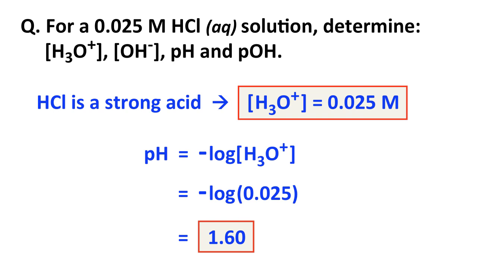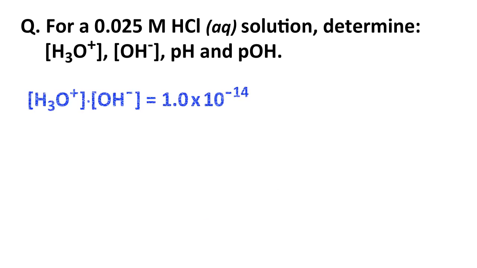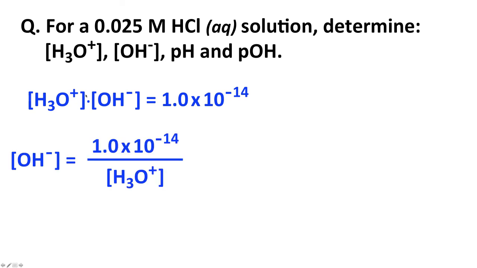And these can be done in a couple of different orders. In this case, I'm going to choose to use the ion product constant or the autoionization constant for water. H3O plus times OH minus equals 1 times 10 to the minus 14th. We know H3O plus, so we should be able to solve for OH minus.